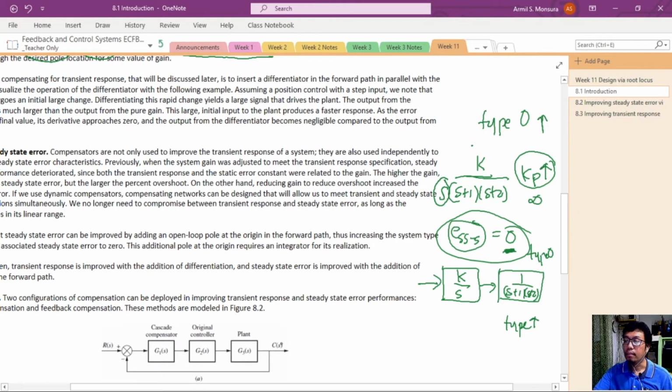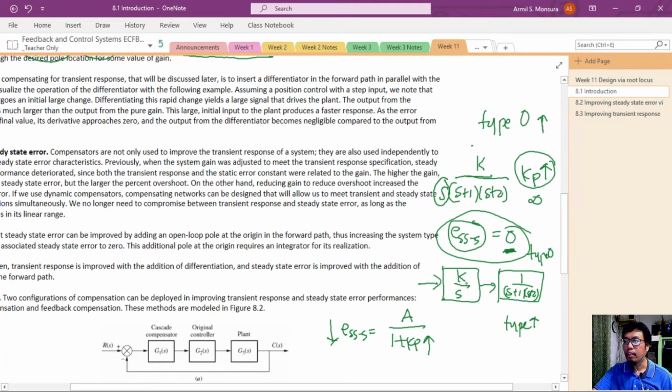Okay? Take note that our error due to the step input is basically A over 1 plus Kp. So when we increase Kp, we know that the steady state error will go down. Okay? So that would be accomplished.